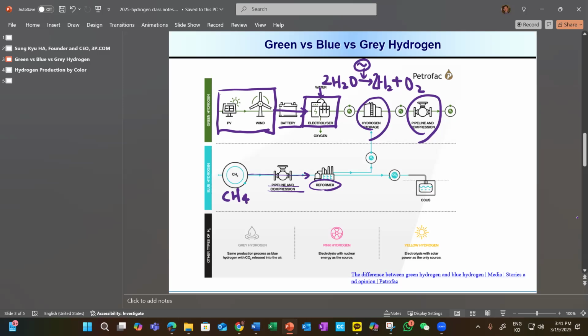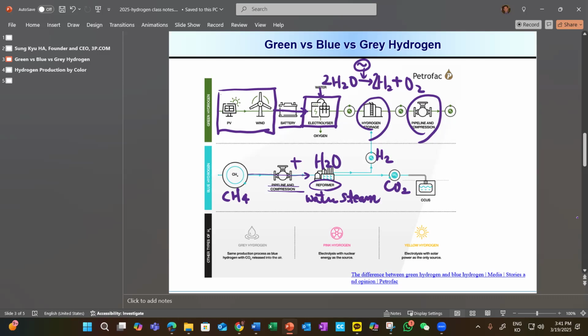Reforming is using water, actually the steam, and then reforming procedures. So CH4, basically this is a water steam. H2O is added. So CH4 plus H2O giving us the H2 and the CO2.